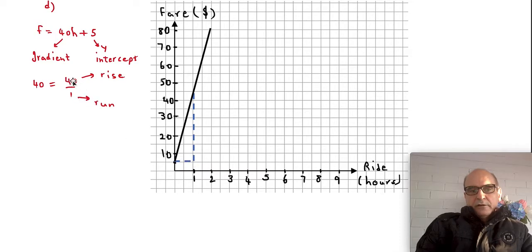Run is 1, rise is 40. So I get to my new point. Now I have two points of the line. I can connect them and extend them. That will give me the whole line, the line that is represented by this equation.